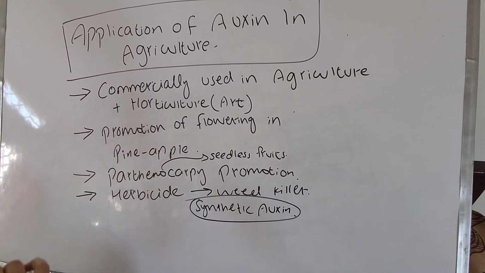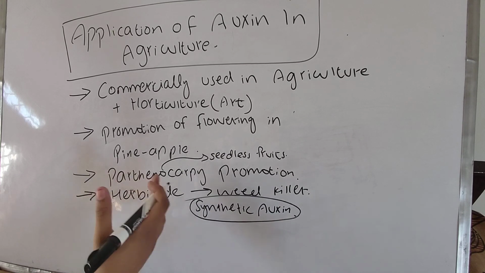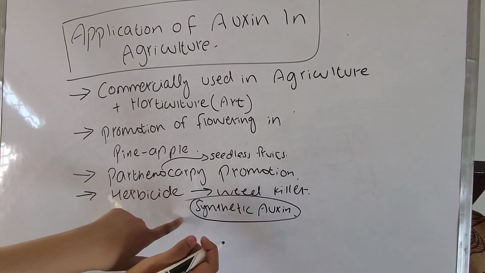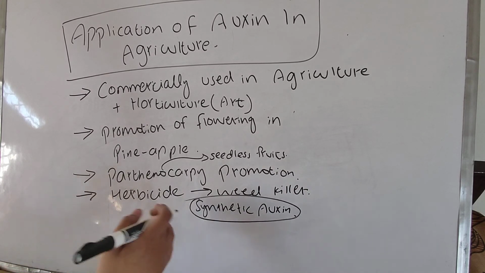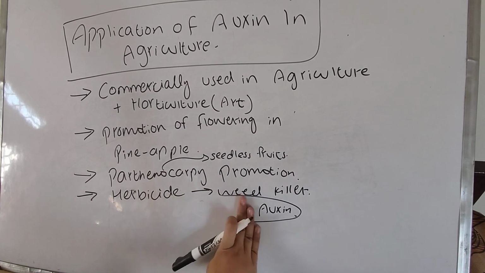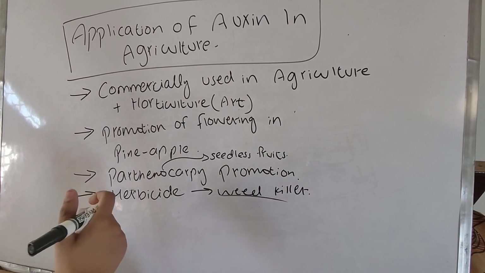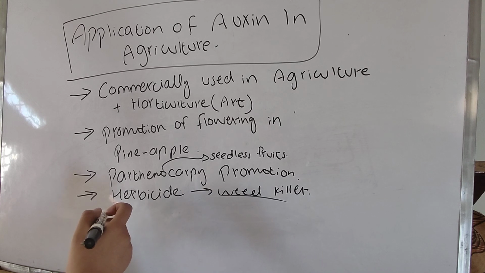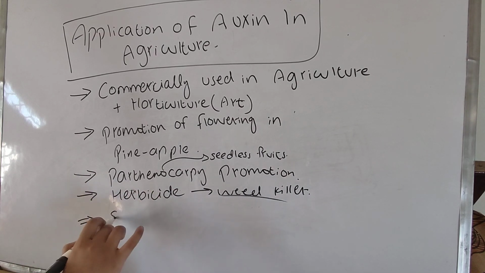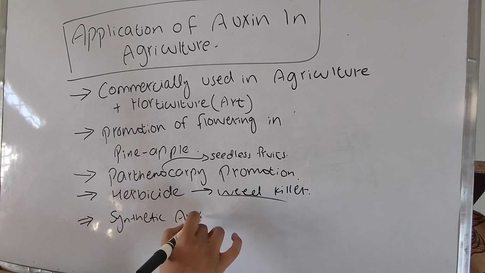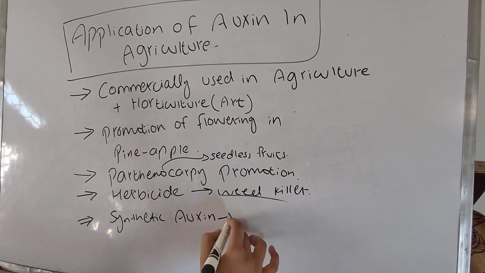Natural auxin cannot be used because the plant has the ability to easily disable it, but synthetic auxin has been used in herbicide processes to kill some weeds. And the last one is that synthetic auxin is more effective.